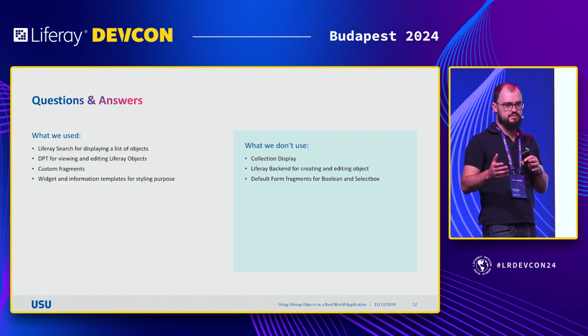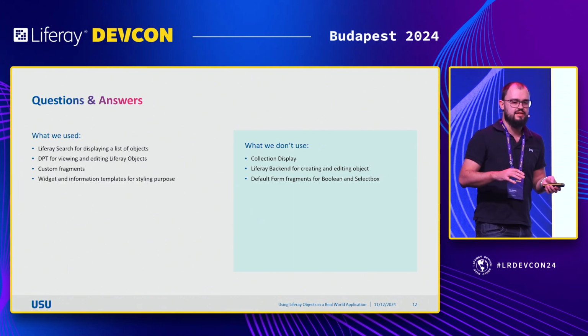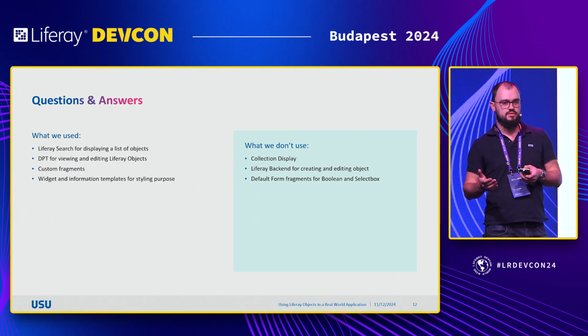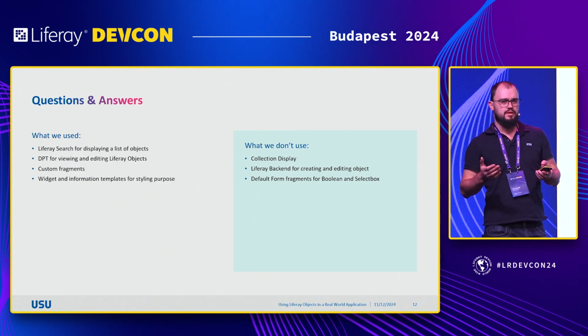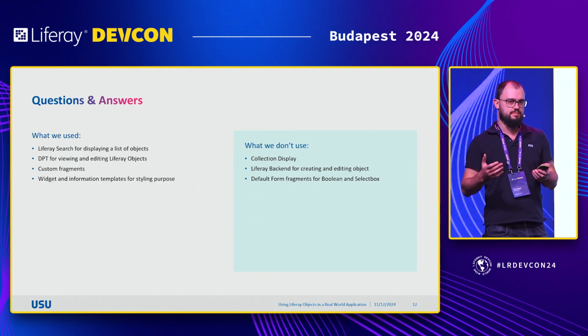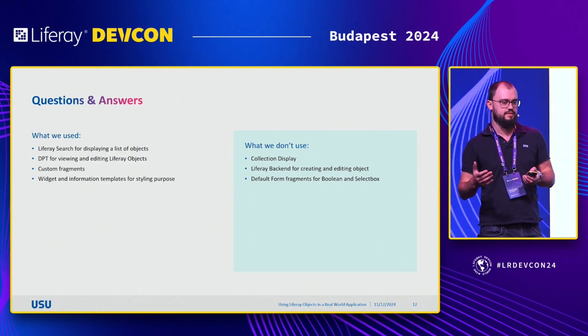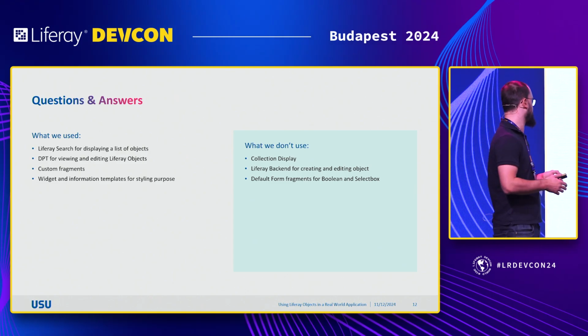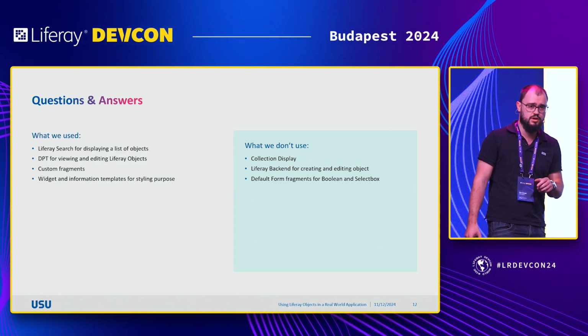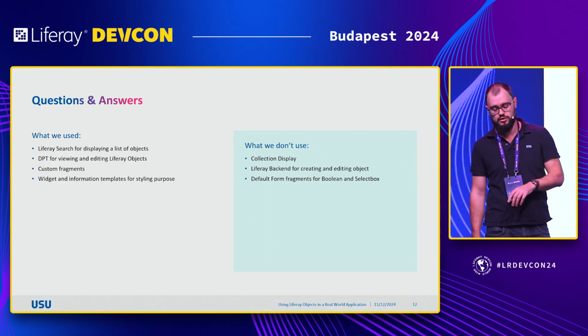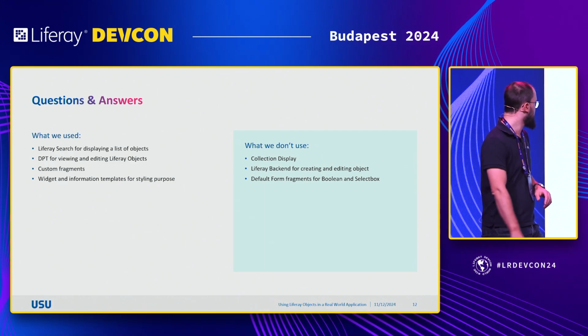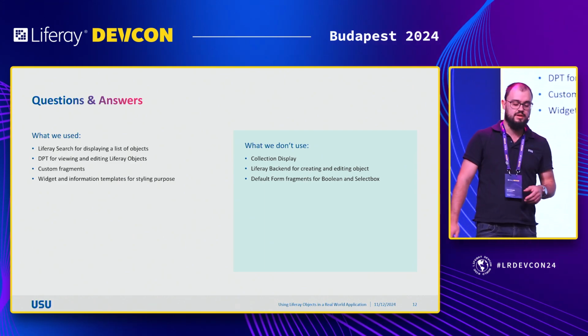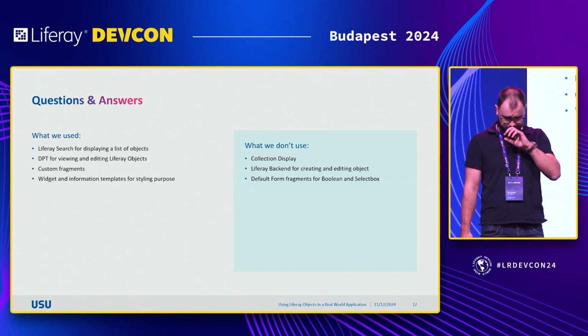It's not too complex with the relationships, and on a display page template, the editor in the end has a better feeling and accepts the default Liferay backend for editing and creating objects. We also used some custom fragments. It works really well in combination with objects, and also some information and widget templates.